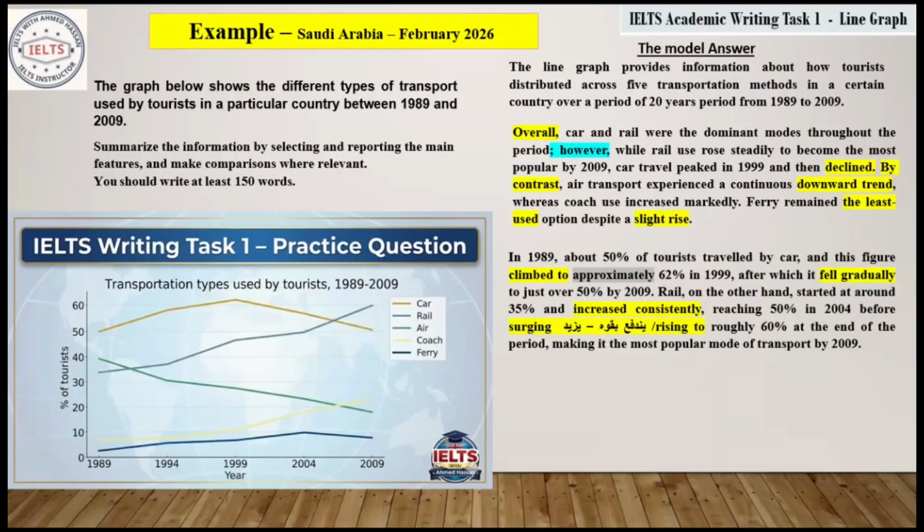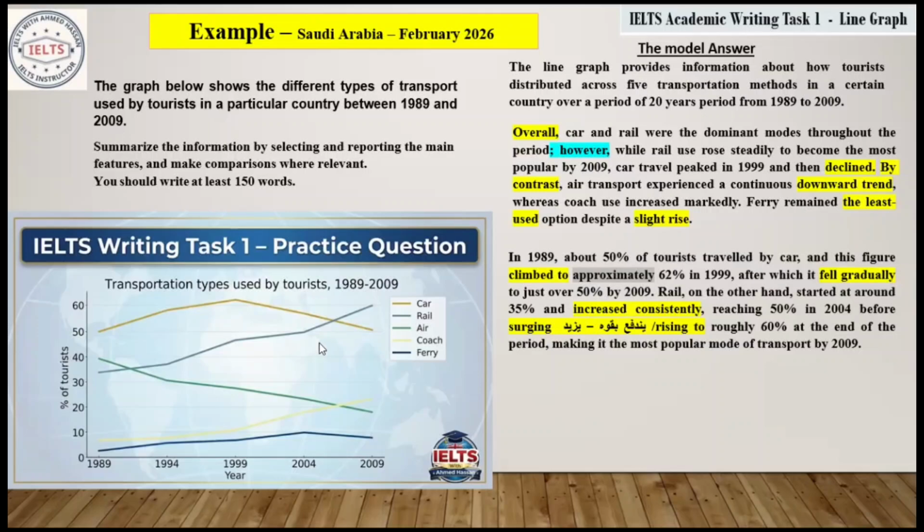In body paragraph 1, we should focus on the most distinguished phenomena we see in the chart. This is the point. In body paragraph 1 and body paragraph 2, you should write details. Whatever details you have, you can write.